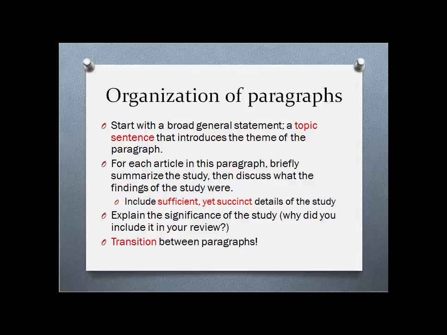So you want to be sufficient yet succinct in what you're including about the details of the study. Explain the significance of the study and why you included it in your review at the end of the paragraph. And make sure you transition between the paragraphs to help the reader see where you're going.